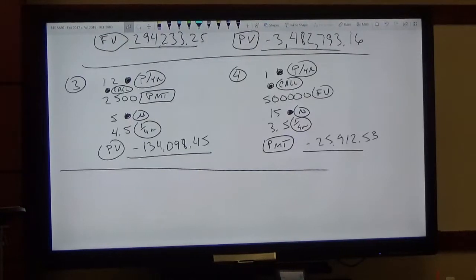Are we talking about annual payments? That has to come from the way the problem is worded. So if it says you're getting annual payments, or you're making monthly payments, or you're receiving, that's going to be the trigger to know it's going to be monthly or annual or potentially something else. Does that make sense?